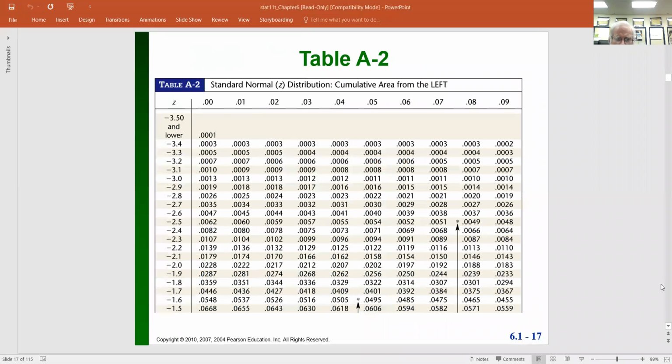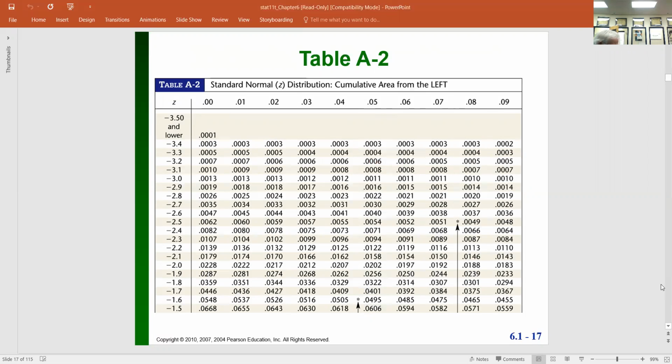So if we go to page 272 in your text, problem number 5, we want to know the probability or the percentage of adults with an IQ below 120.